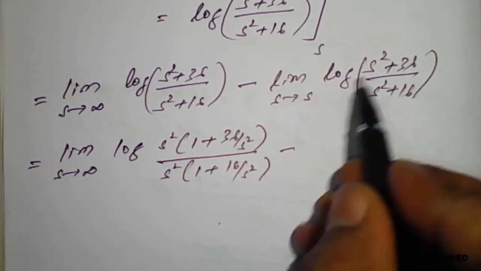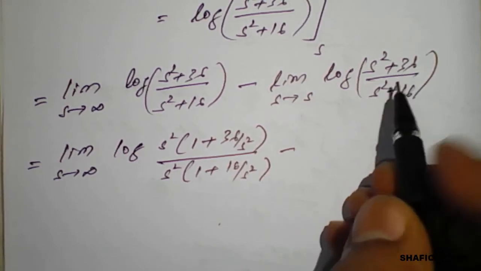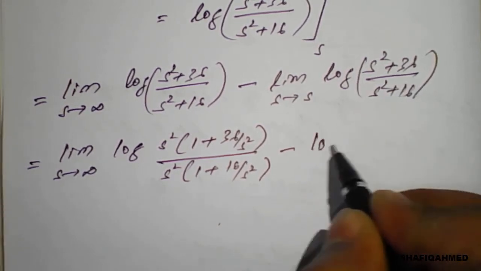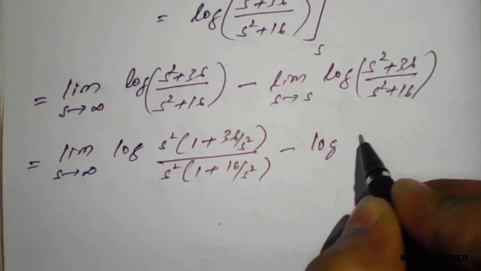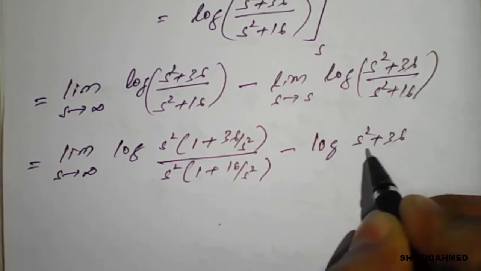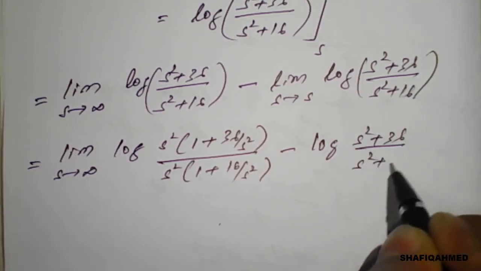If we replace s by s in this term, it will remain as it is, log of s square plus 36 divided by s square plus 16.